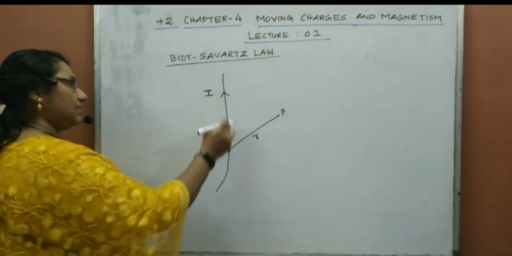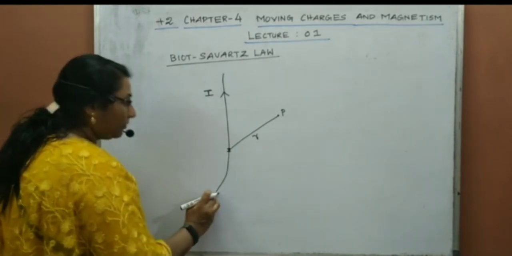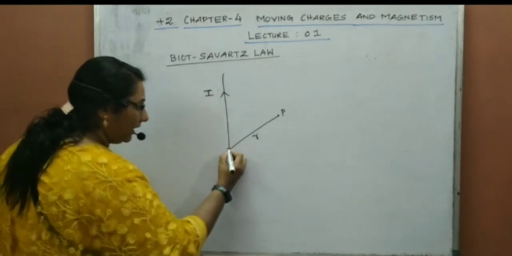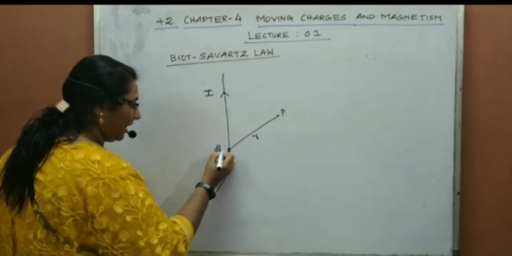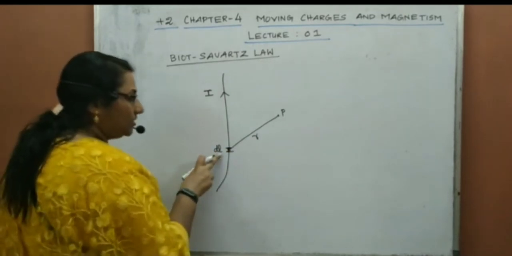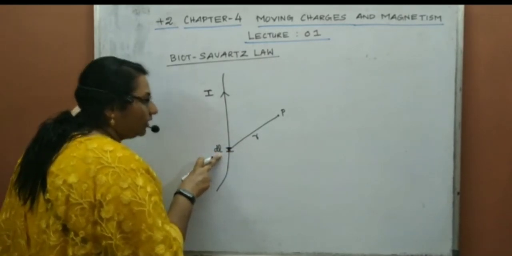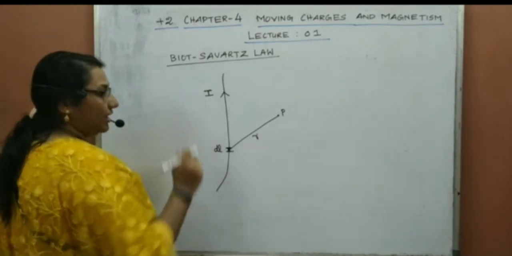Whatever the conductor's length, from it they took a very small segment of length dl. This is a very small current carrying segment of length dl which carries the current I.